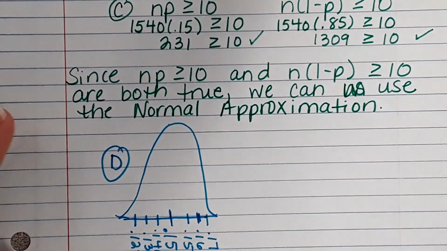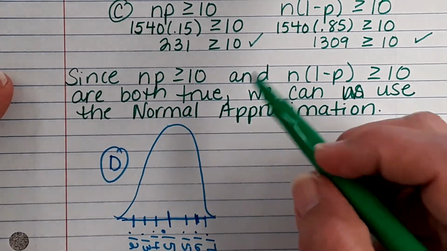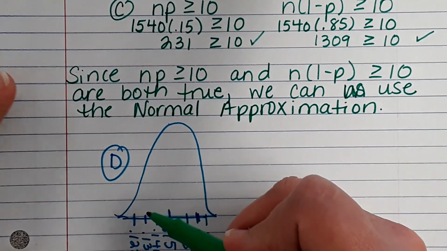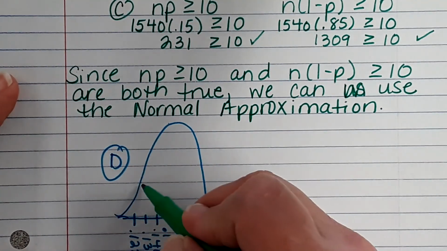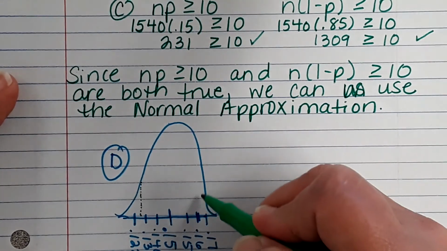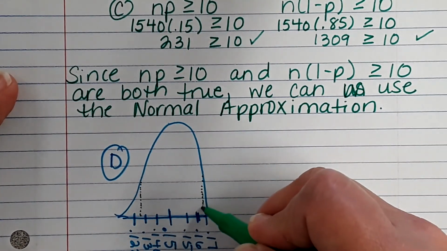Okay. And we want it between 13% and 17%, right? So there and here.